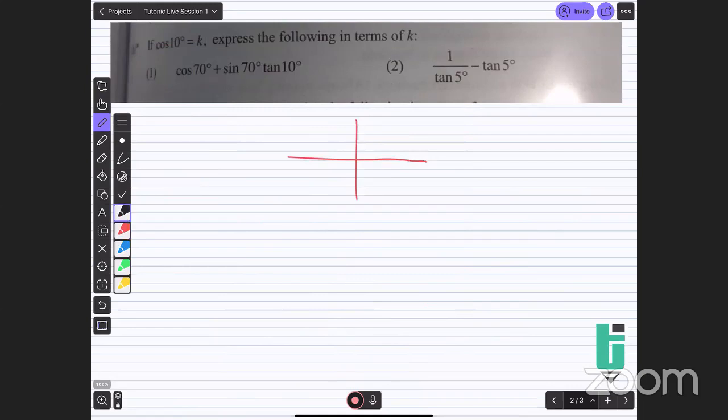So you got 10 there, 80. So isn't tan 5 just half of 10? Do you guys agree? Yes.